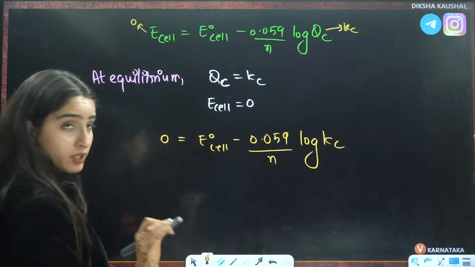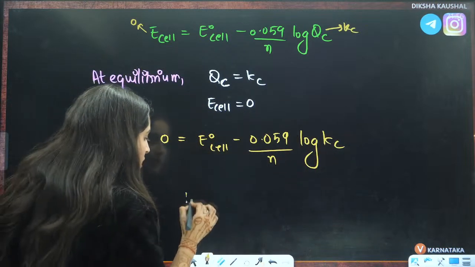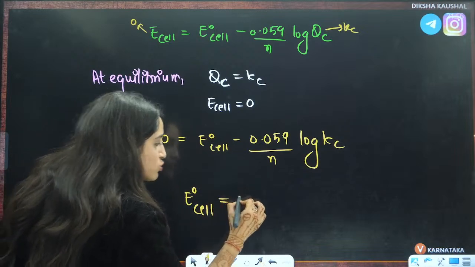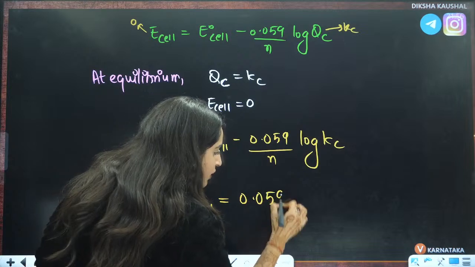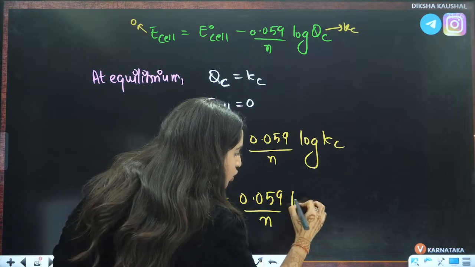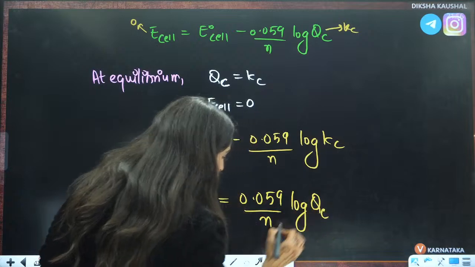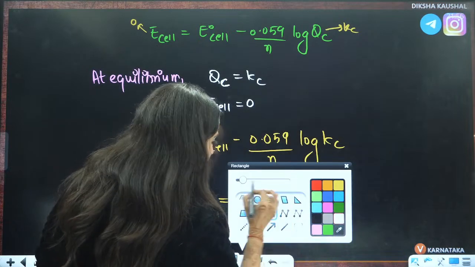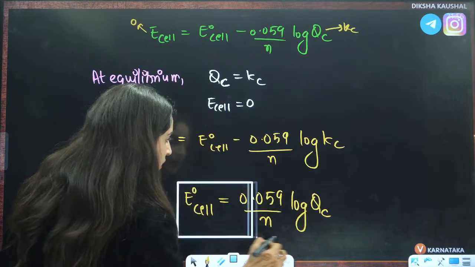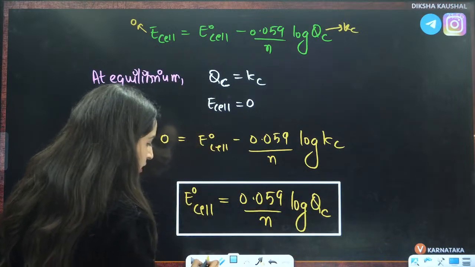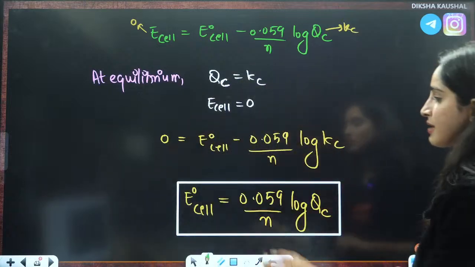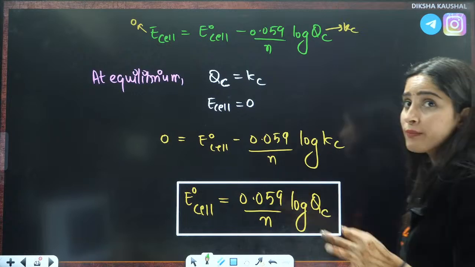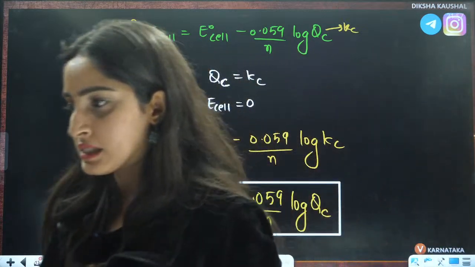Very, very important equation I am writing here. So you take it on this side, it will be E naught cell equals 0.059 divided by N log base 10 of KC.